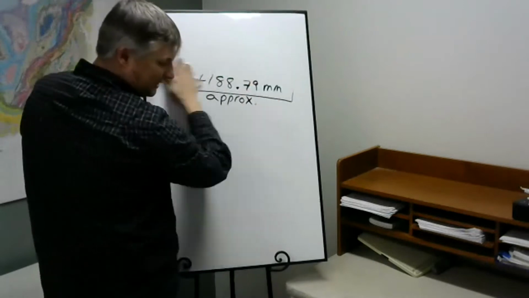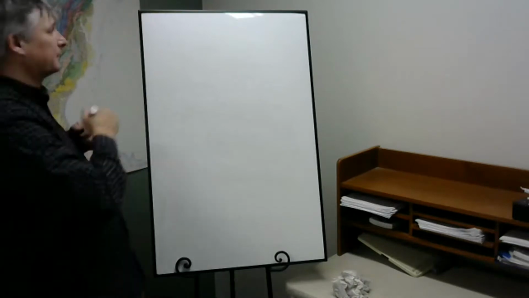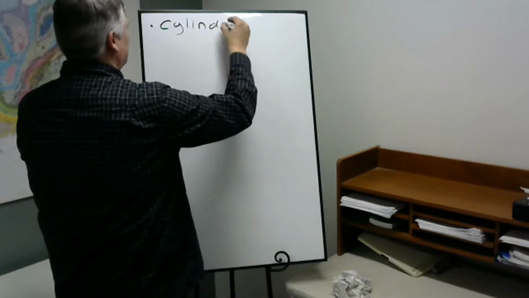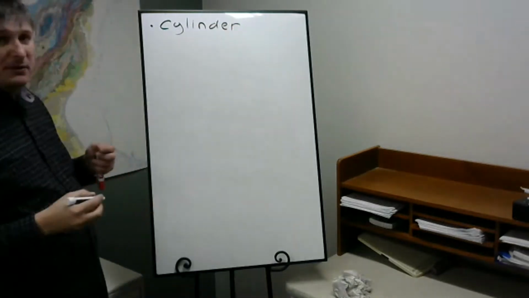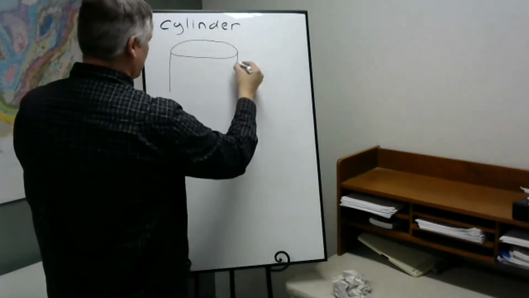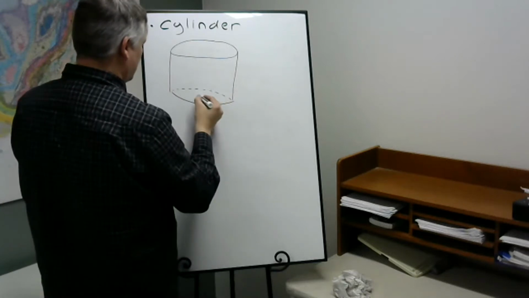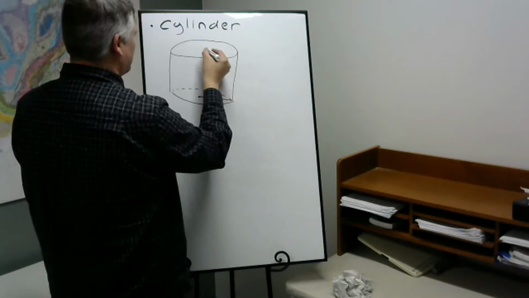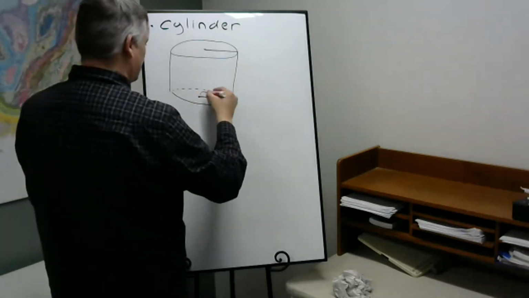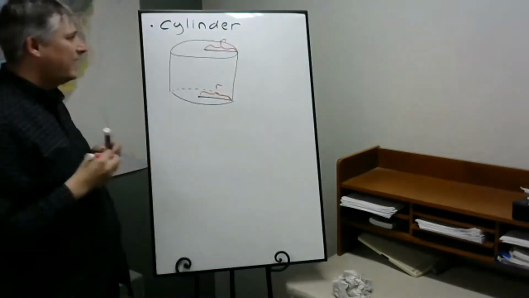So another shape, actually a couple shapes where this is going to come up, is the cylinder. The cylinder has the same radius on the bottom as it does on the top.